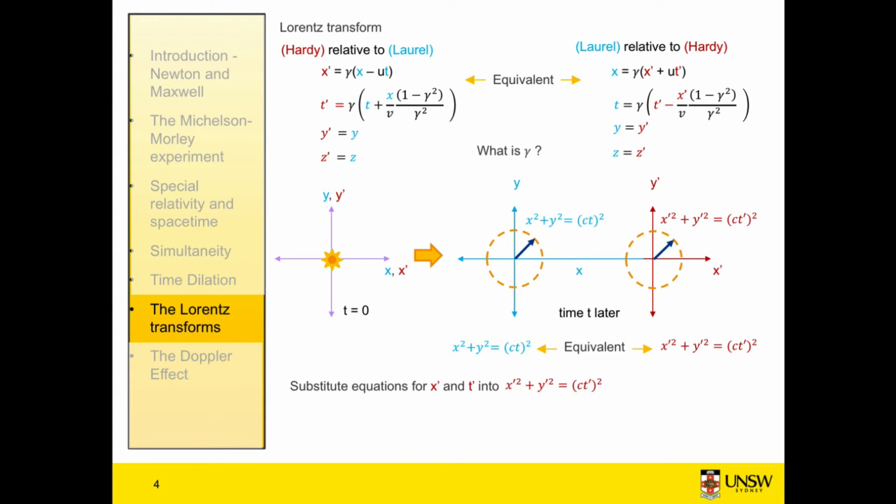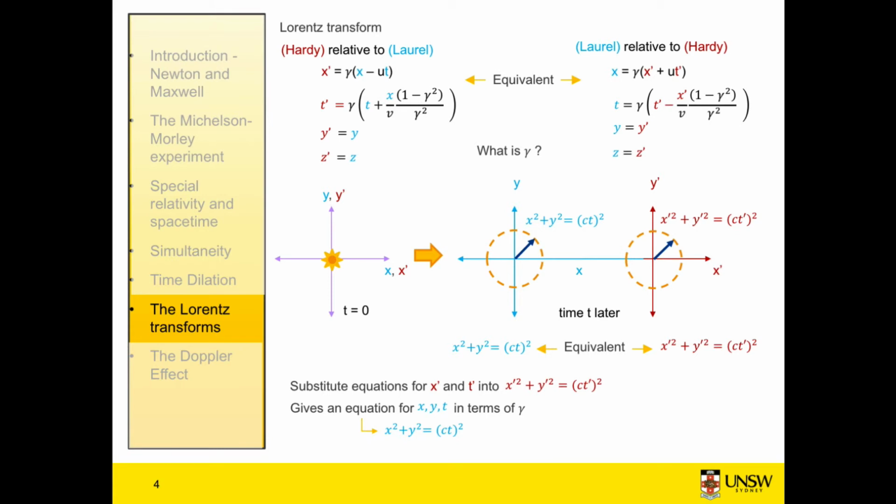When we do that, that gives us an equation for x, y and t in terms of our Lorentz factor gamma, and that equation must be the same as x squared plus y squared equal to ct squared. Then solving or simplifying down those equations, we can find an expression for gamma.